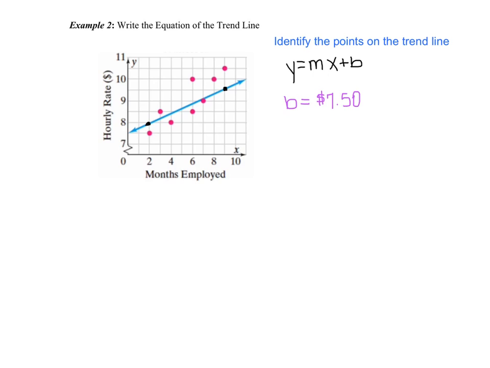Next, we want to find our m. And if you recall, m equals y2 minus y1 over x2 minus x1. So let's identify our coordinates. Our first coordinate right here is 2, 8.